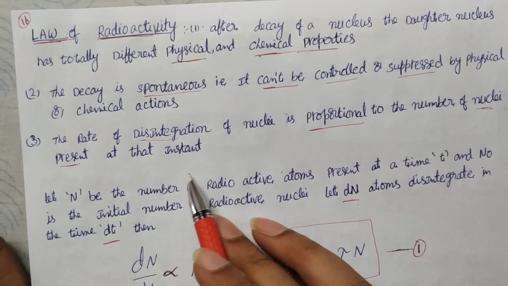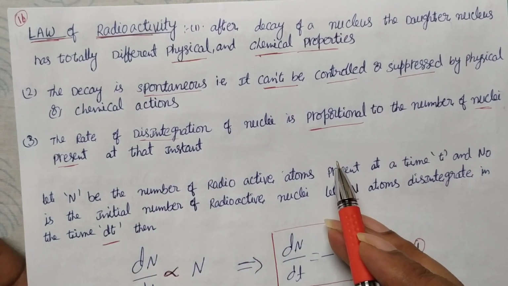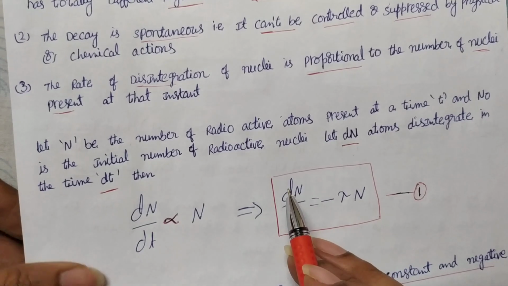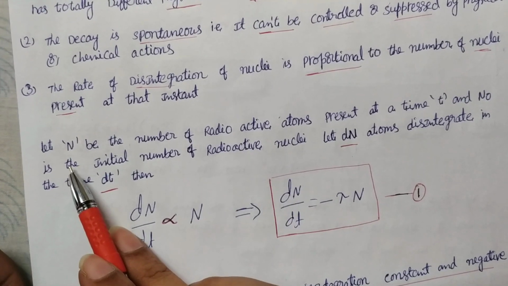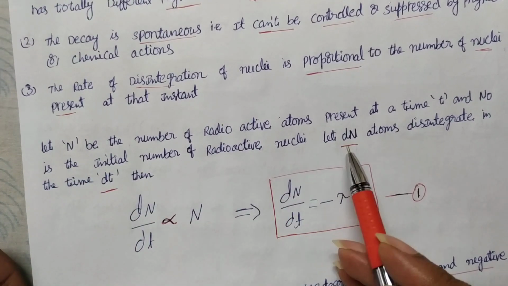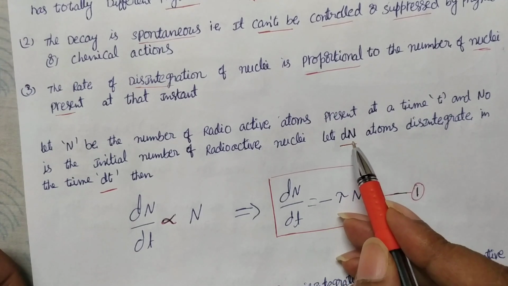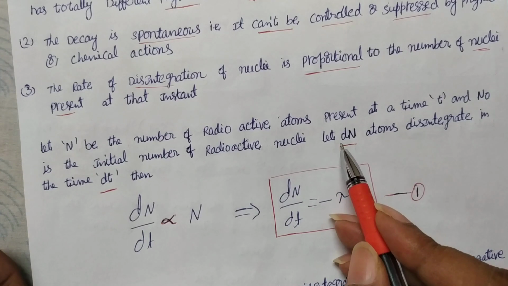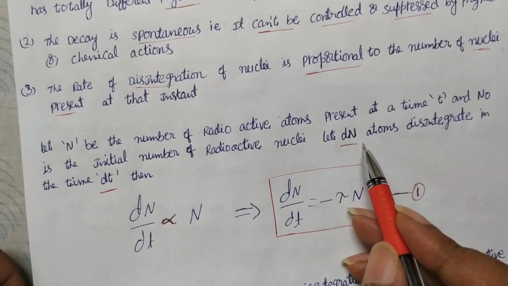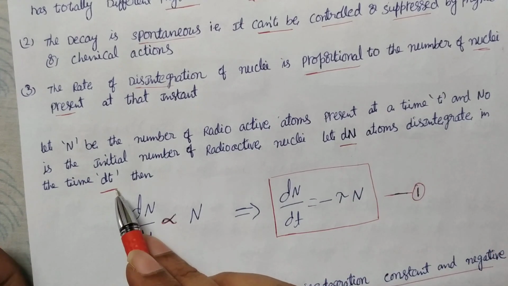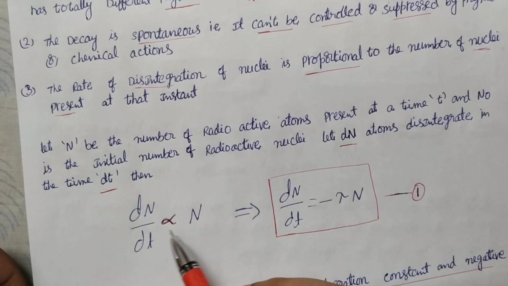That is, the parent atoms present there. Suppose you assume some number of nuclei are there initially. After some time, what is the number of nuclei disintegrated? Disintegrated means those converting from parent nuclei into daughter nuclei within a small time gap, delta t. So what is dN by dt?